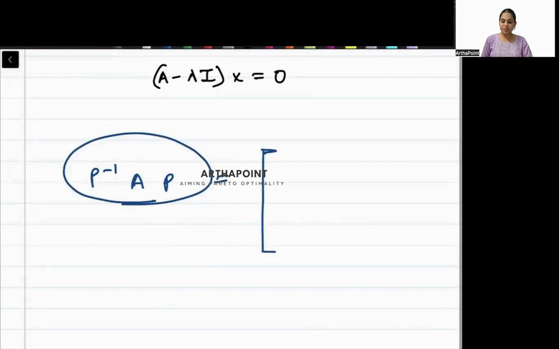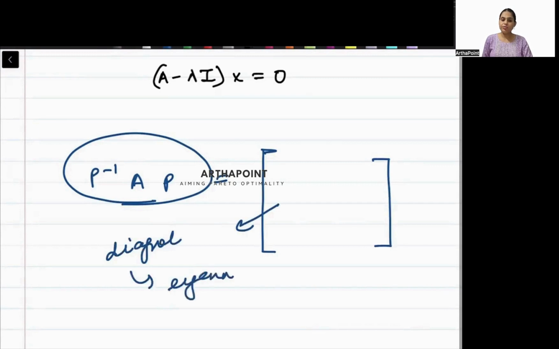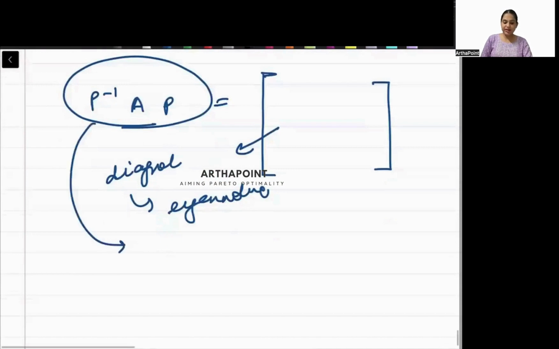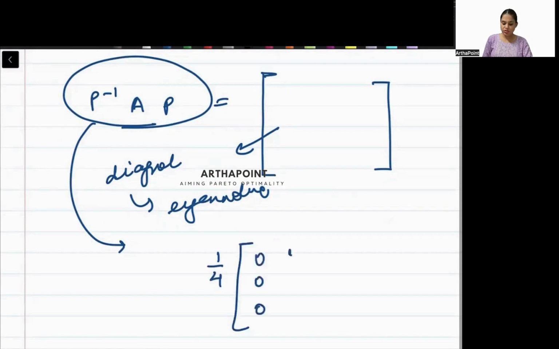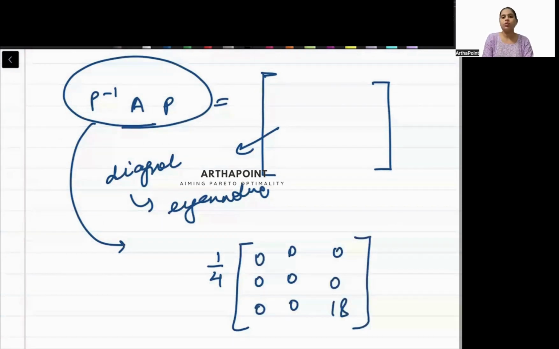When you find this matrix, if the diagonal elements are eigenvalues, then it is diagonalizable, otherwise not. In particular, you will find that P inverse AP will come out to be 1 by 4, 0, 0, 0, 0, 0, 0, 0, 0, 18. So since the diagonal elements are not eigenvalues, it is not diagonalizable. Okay, beta, thank you.